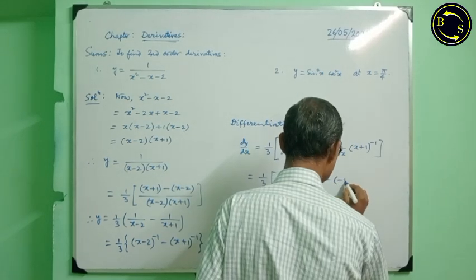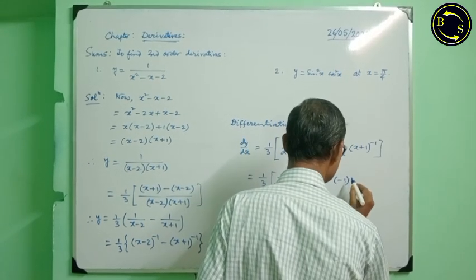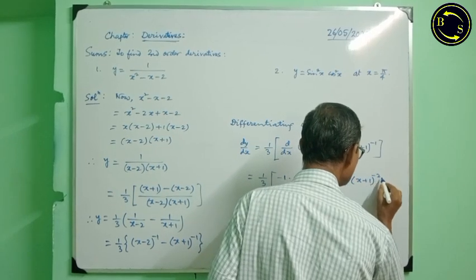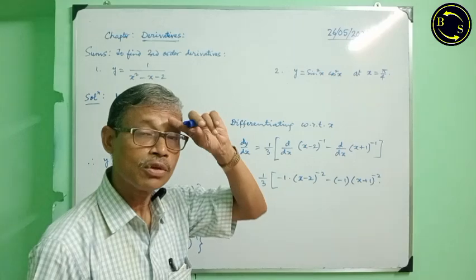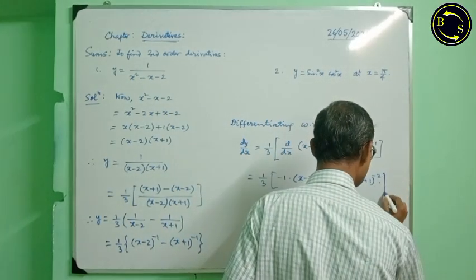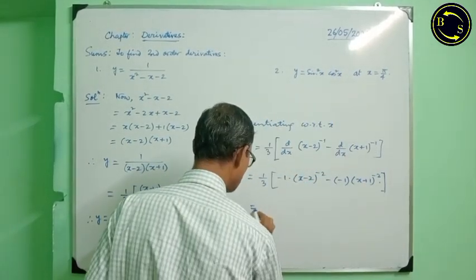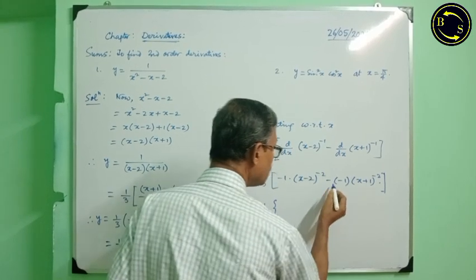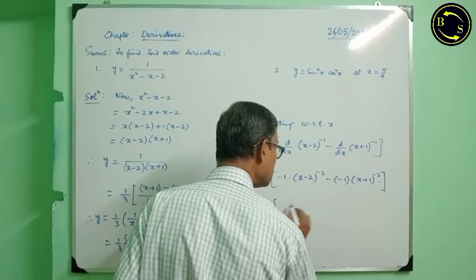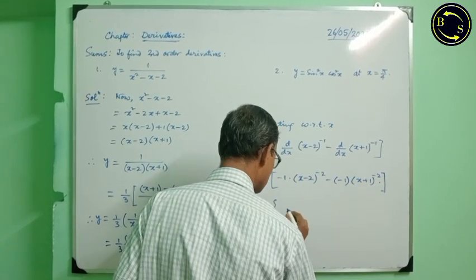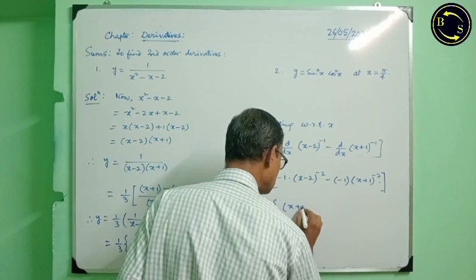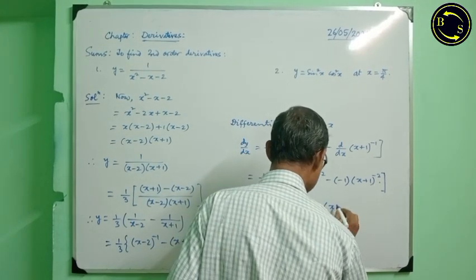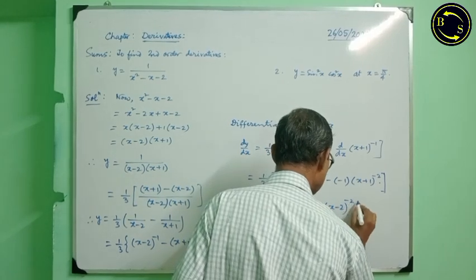Minus 1 into (x plus 1) to the power minus 2 into derivative of x plus 1, that is also 1. I am not writing that. Therefore, 1/3, this will be plus. Therefore, I take this part first: (x plus 1) to the power minus 2 minus (x minus 2) to the power minus 2.